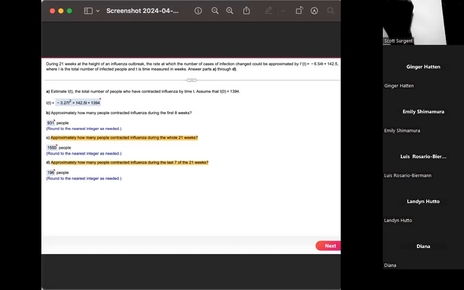I prime of T is negative 6.54 T plus 142.5. Estimate I of T, the total number of people who have contracted influenza, assuming that I of 0 is 1394.